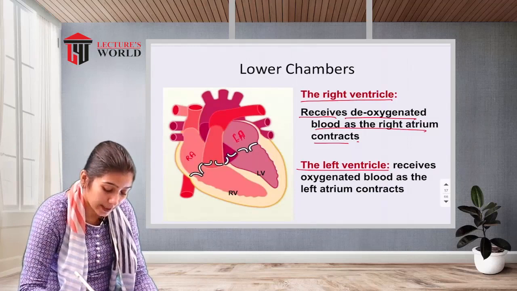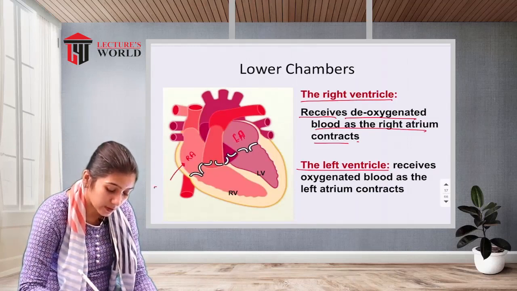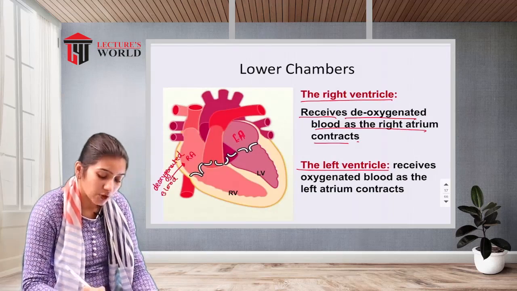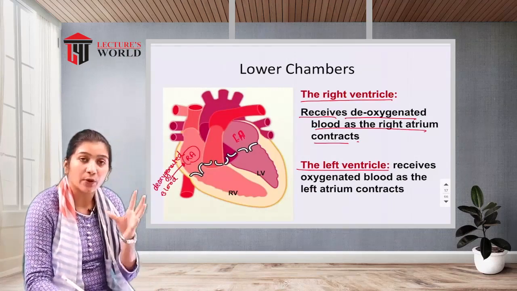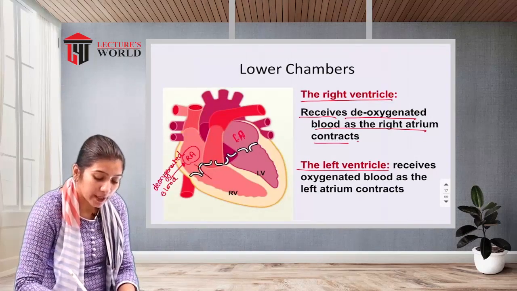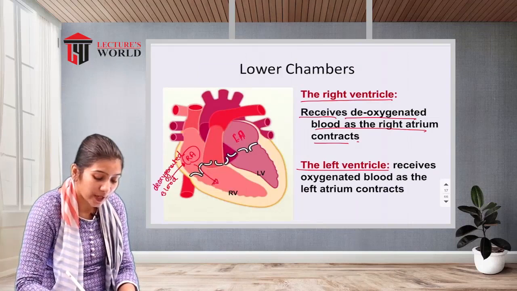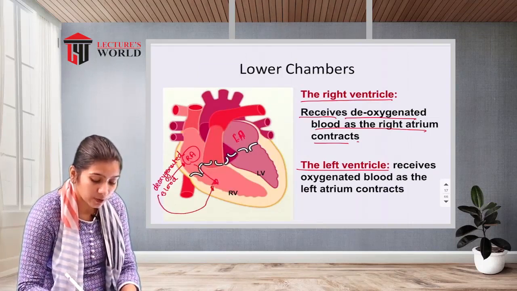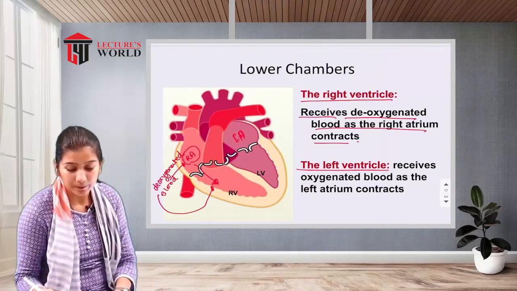In the right atrium there will be deoxygenated blood. So as the right atrium contracts, the blood goes into the right ventricle. So the deoxygenated blood goes into the right ventricle.